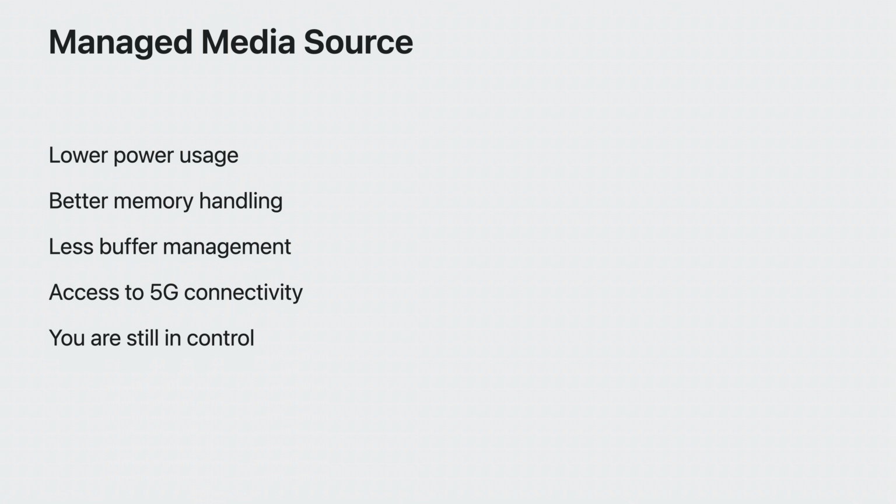You are still in the driver's seat. You are still in control of which resolution to fetch, how you download each segment, and from where. Managed Media Source only provides hints and gives you a more efficient version of MSE. By using Managed Media Source, you will save bandwidth and battery life, allowing your users to watch your video for longer, not only on their iPhones, but also their iPads and Macs.